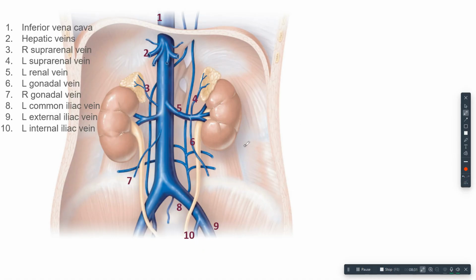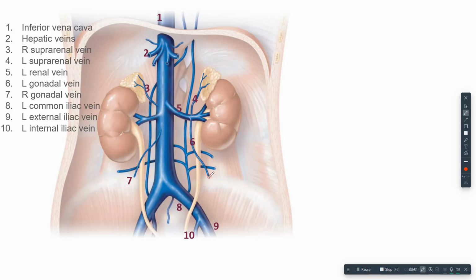As the inferior vena cava travels upward, it gets blood. First, here we see the right gonadal vein. And this would either be testicular or ovarian, depending on the sex of the person. We also see renal veins on each side.